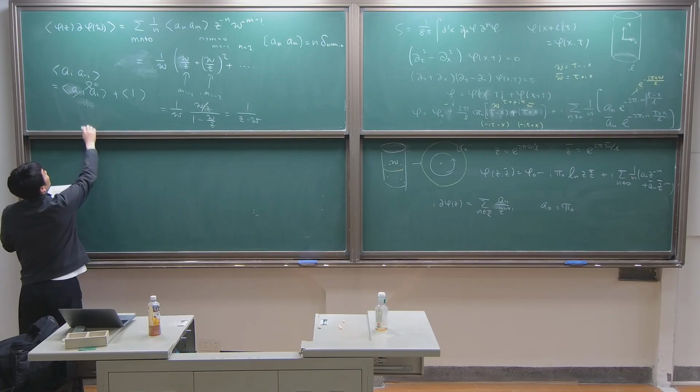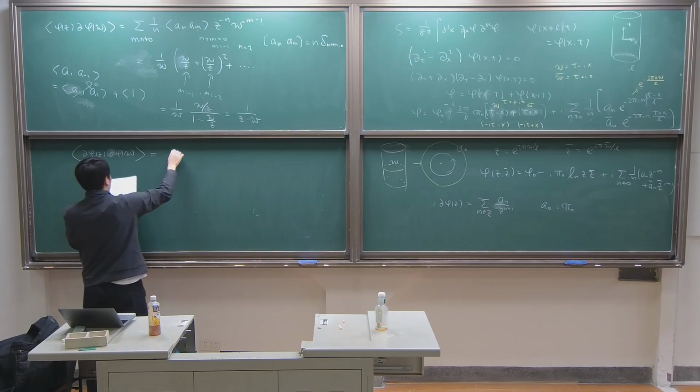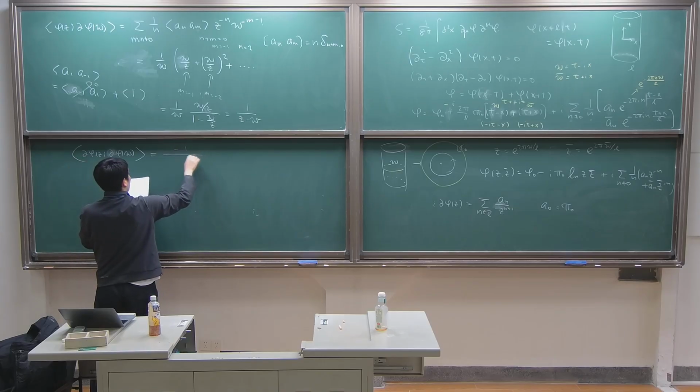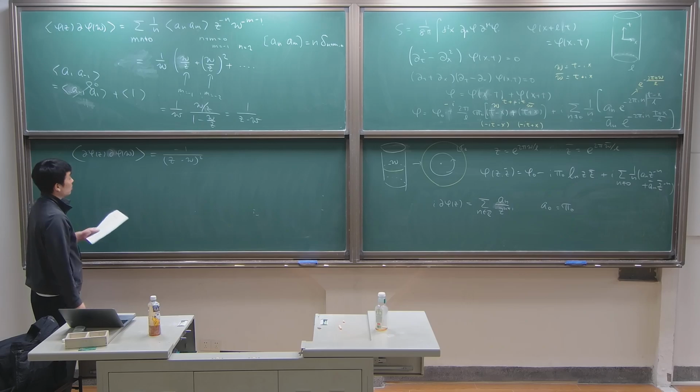So then if you take a derivative of this one, del phi, okay, so this is consistent.